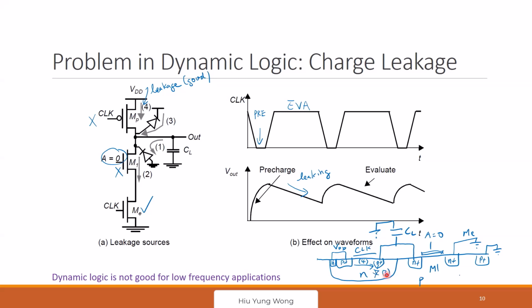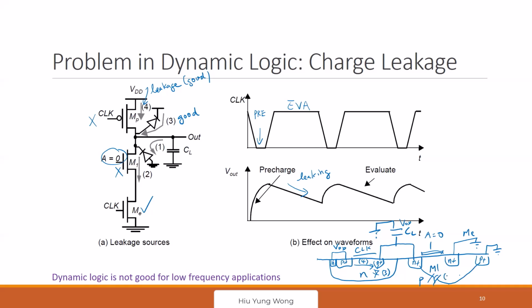This is also good in this case. It helps me to charge up the CL, because it's a reverse diode. But the problem is 1 and 2. Look at this. Here, this is at VDD, we assume. This one and this one form a reverse leakage diode.